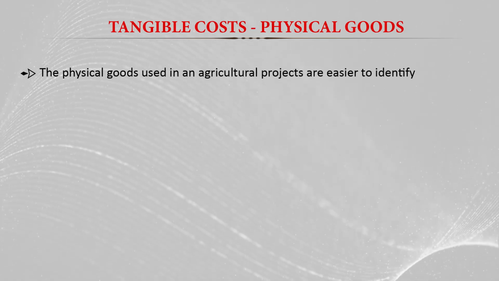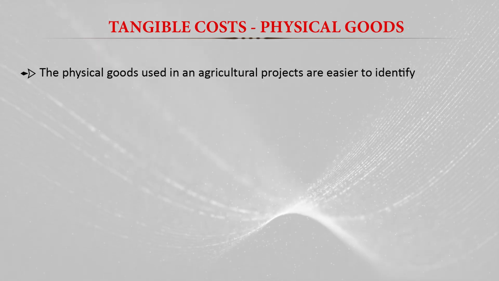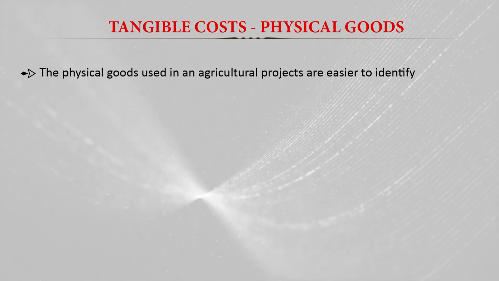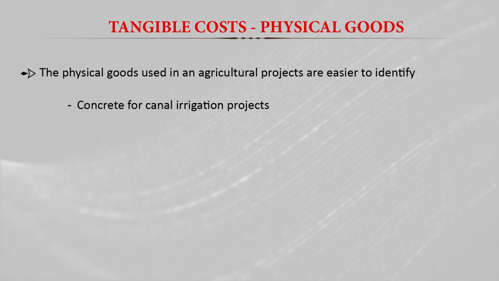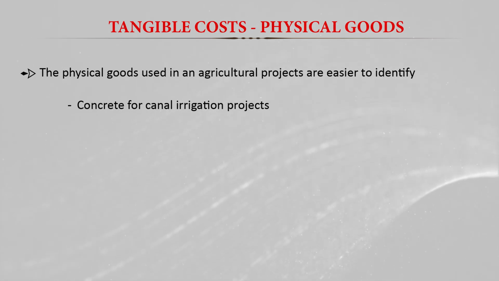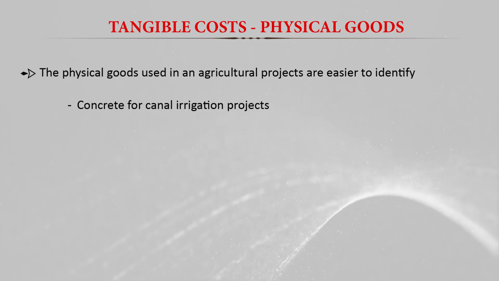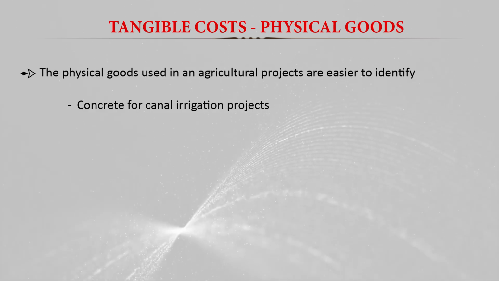The first tangible cost item is the physical goods. The physical goods used in agriculture projects are easier to identify. We can easily identify the physical goods we are using in a project, like concrete for a canal irrigation project. We can easily measure how much concrete we are using in the canal project, so we can easily express it in monetary value.